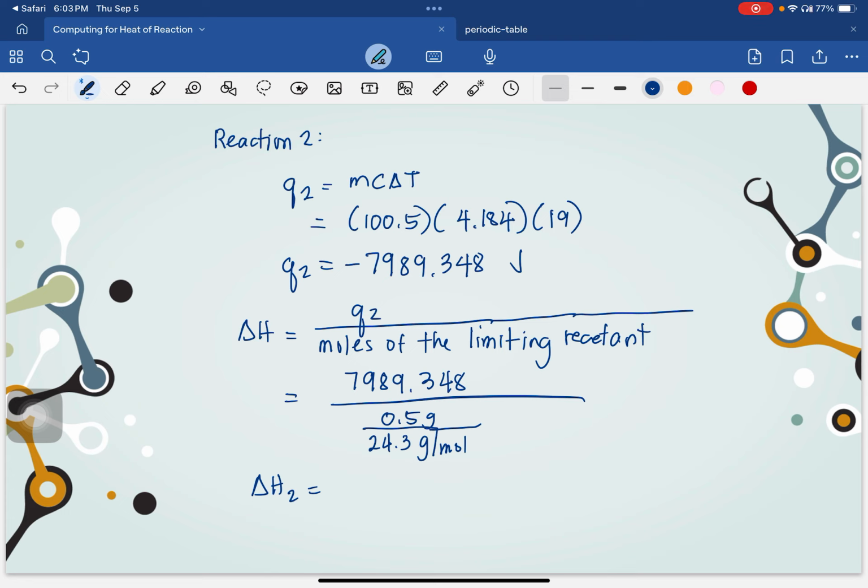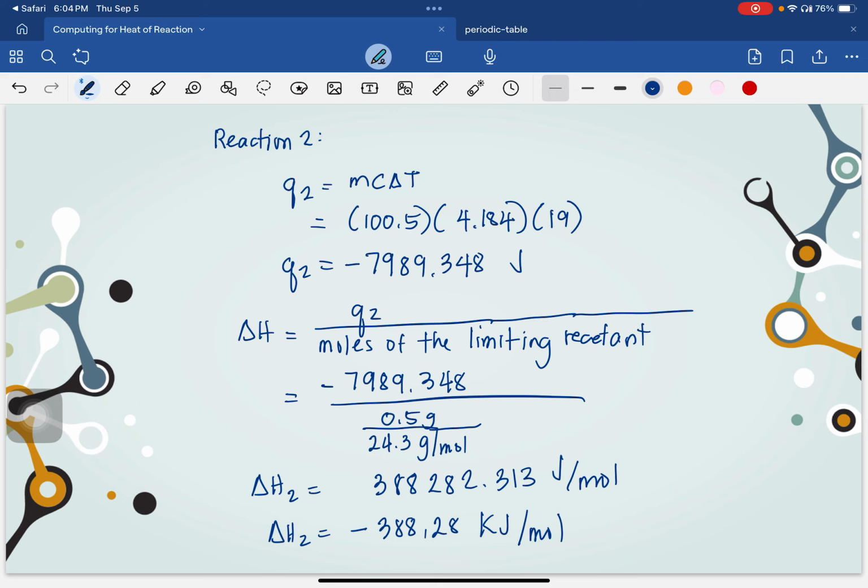So we're getting 388,282.313. And this is now in joules per mole. So delta H2 now in kilojoules per mole is 388.28 kJ per mole. Again, we have to indicate yes, this is exothermic.